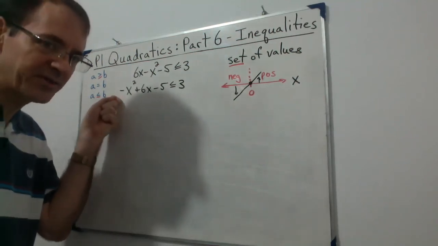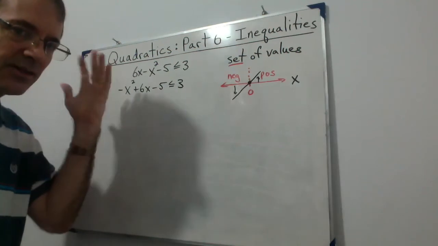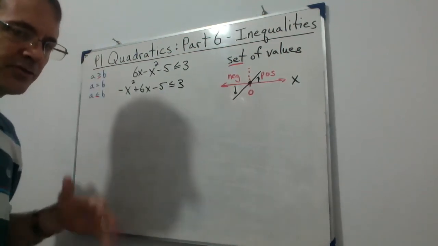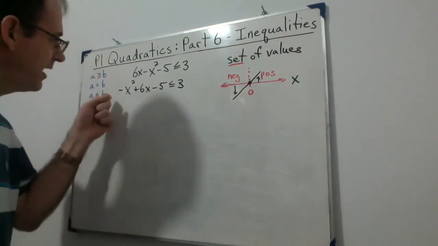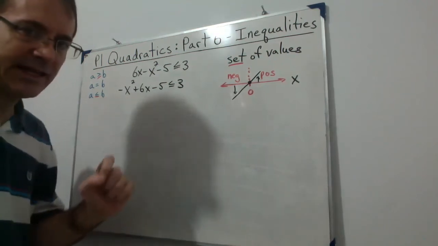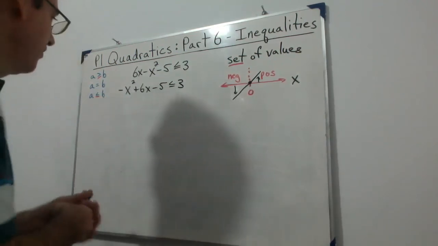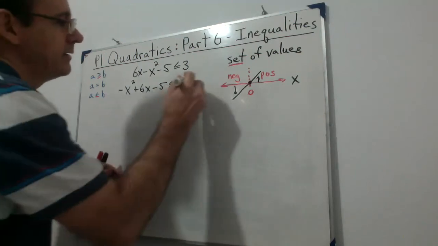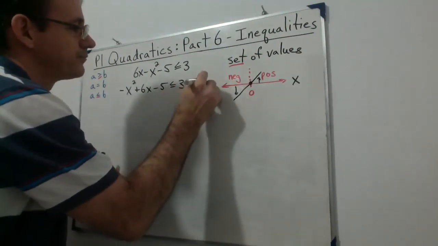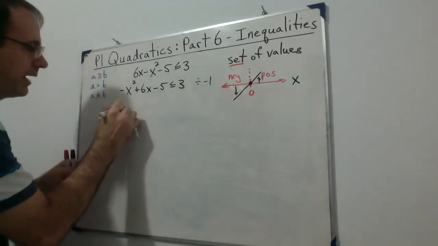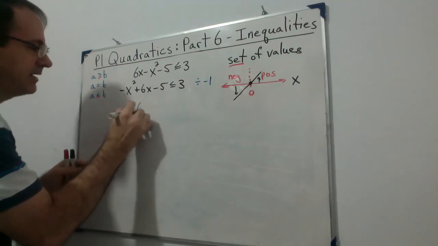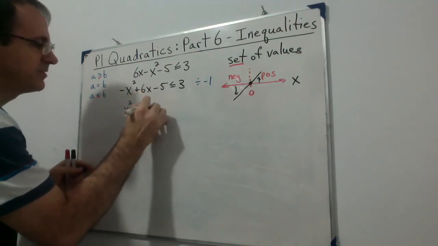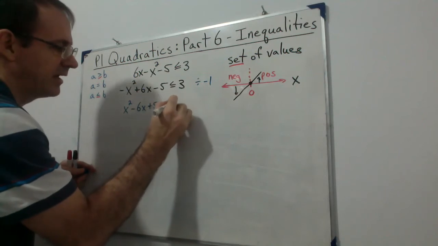Sometimes factoring with the negative in the front gets a little mentally confusing. So what I would suggest is that you divide the negative through. So if we divide by -1, you get a positive x squared minus 6x plus 5, and you get a -3.